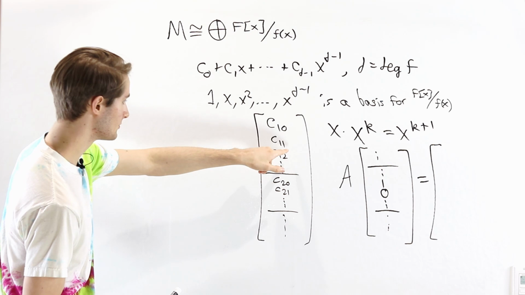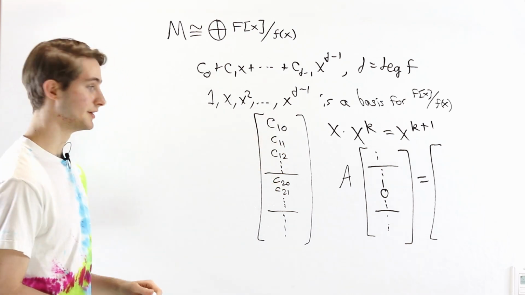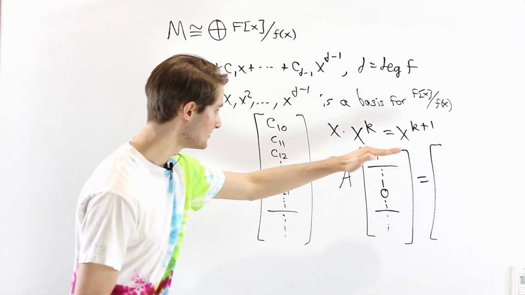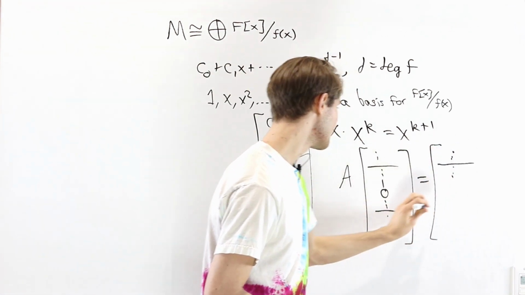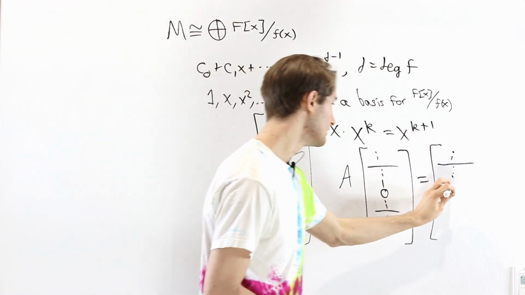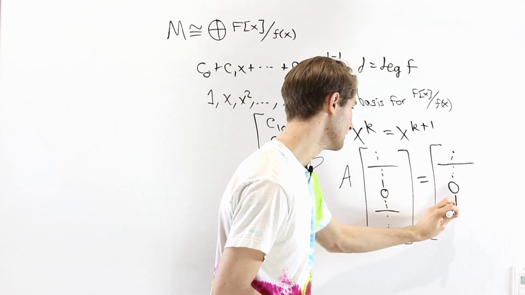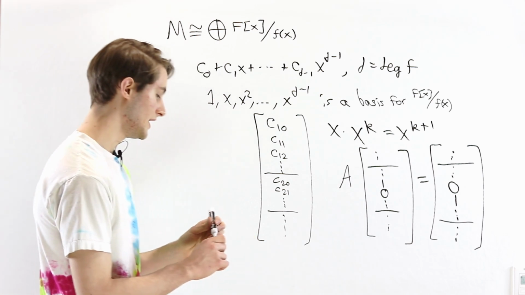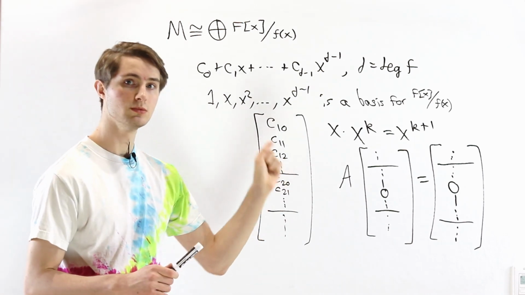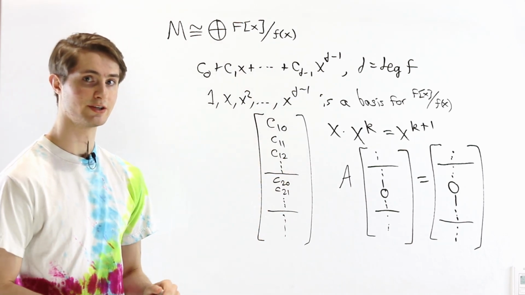So it's going to take 0 to 1, 1 to 2, and on and on. So we're just going to go one step down in the vector. It's going to be dot, dot, dot, except instead of 1, 0, it's now going to be 0, 1. So we've moved to the next coefficient. And this works for almost all of the basis vectors.